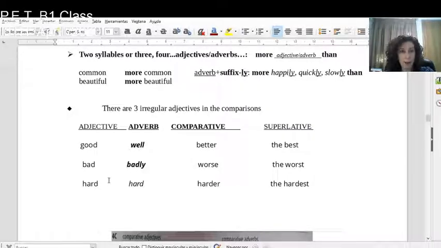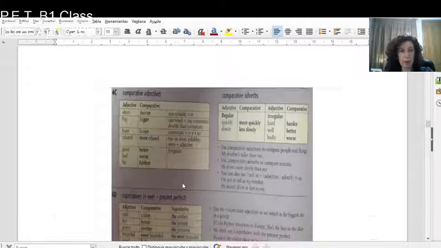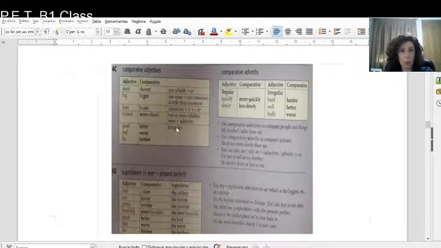And hard and fast don't change. They can be adjective or adverb. Then it's one syllable, harder, the hardest, or faster, the fastest. Then you have to realize that if this is an adverb with the suffix -ly, you have to use more than. Well, here you have the theory.